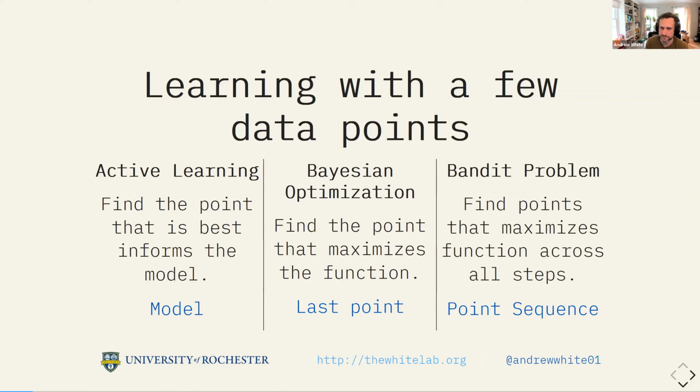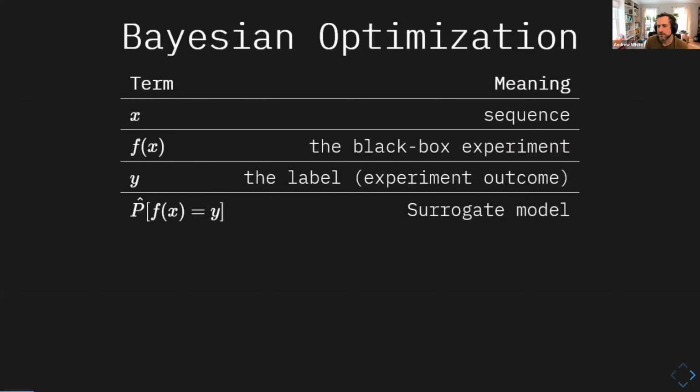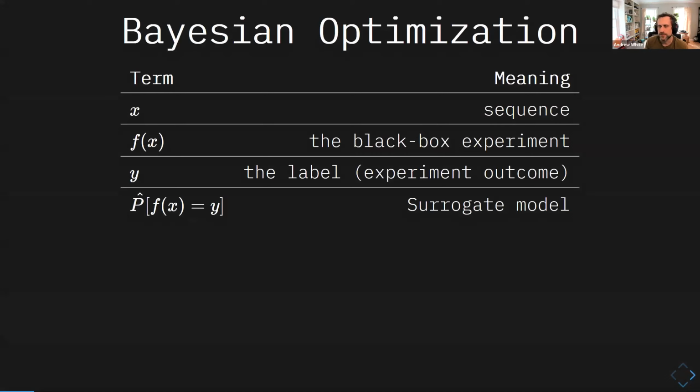All right. So I'm going to just do a little bit of math here about Bayesian optimization. So in Bayesian optimization, in this setting, we have X being a sequence. So this could be a molecule, it could be a peptide. And then in this project, I'll be talking about it as a peptide. F of X is our experiment. So this is like an SPR affinity measurement, or this could be an animal model or something. And then Y is the outcome of that experiment.